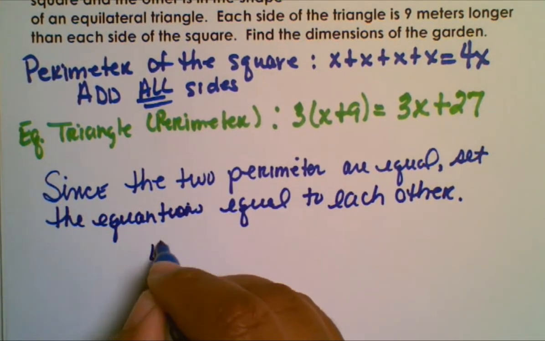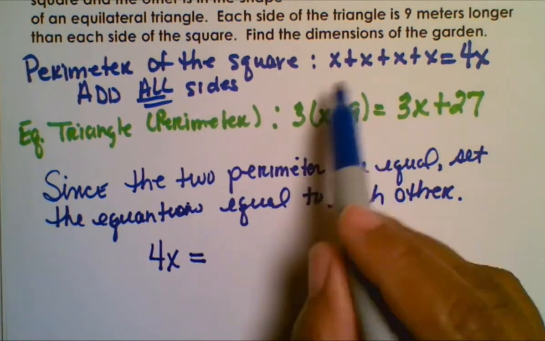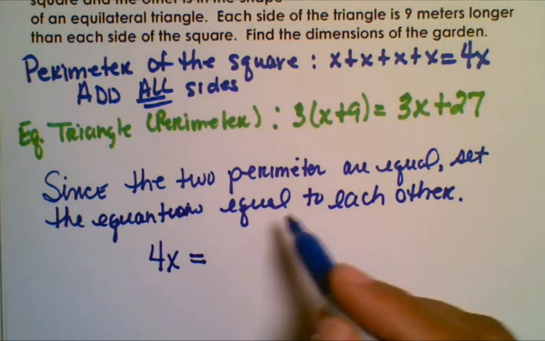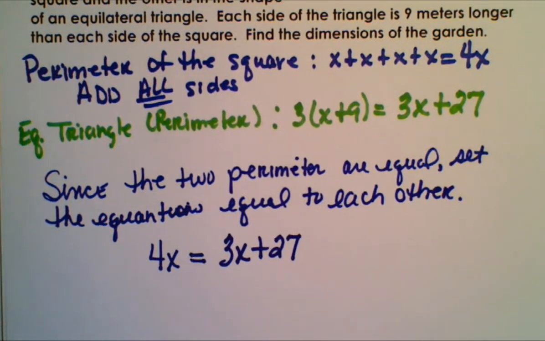So we're going to set the perimeter of the square equal to the perimeter of the equilateral triangle. And let's solve.